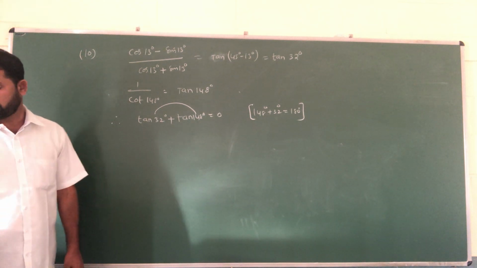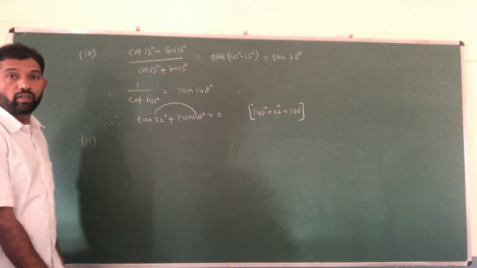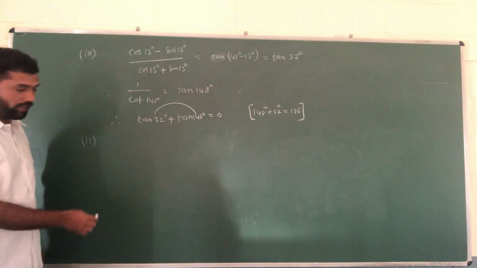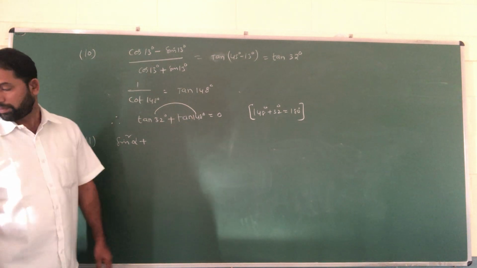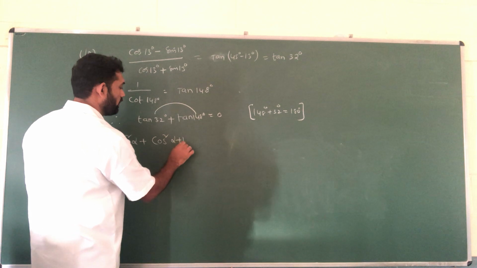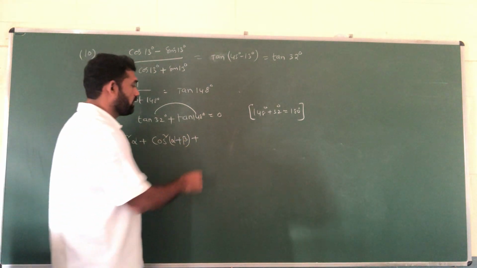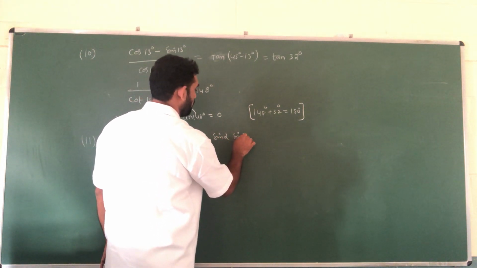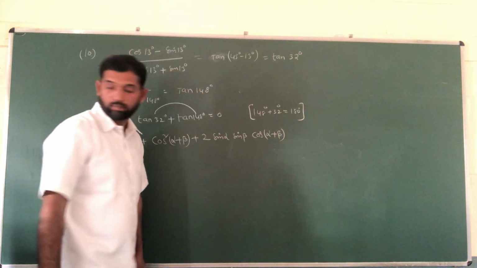Next, question number 11. Sin square alpha plus cos square alpha plus beta plus 2 sin alpha sin beta cos alpha plus beta.